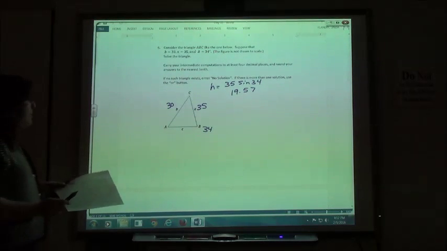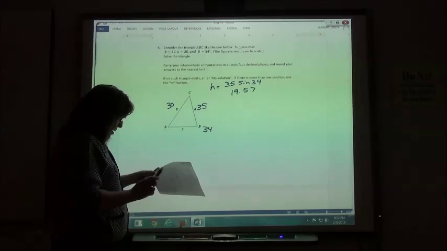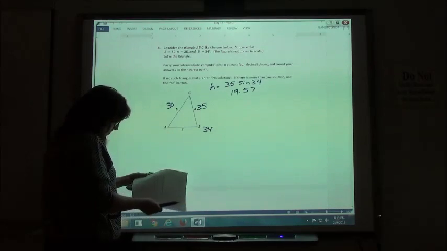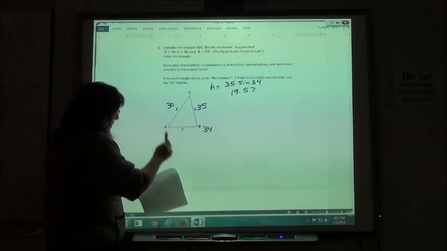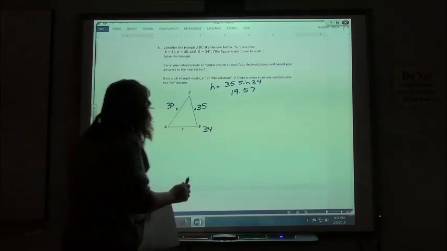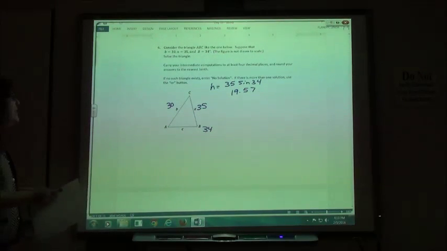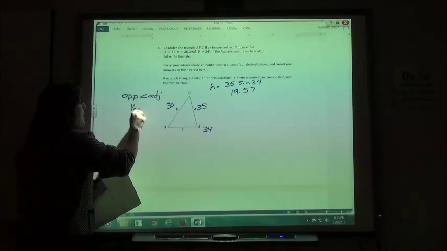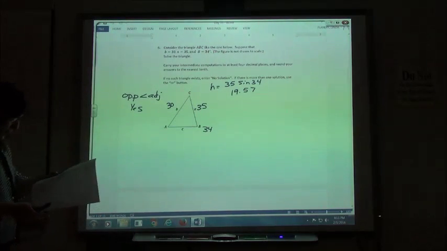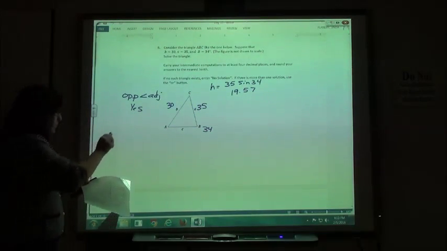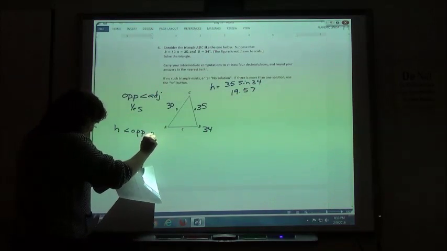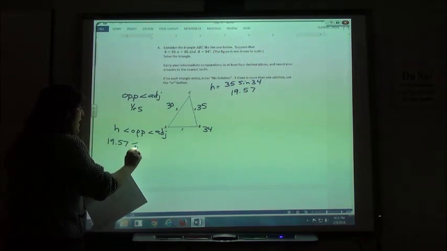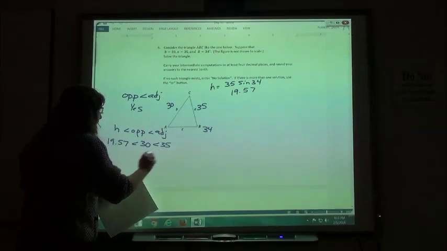Is the opposite side greater than the adjacent side? I think I wrote that down wrong. It should be: is the opposite side less than the adjacent side? Yes, 30 is less than 35. And is h less than the opposite side, which is less than the adjacent side? So h is 19.57. Is that less than 30, which is less than 35?